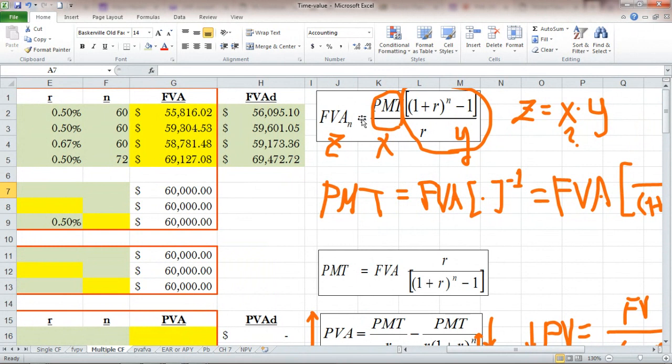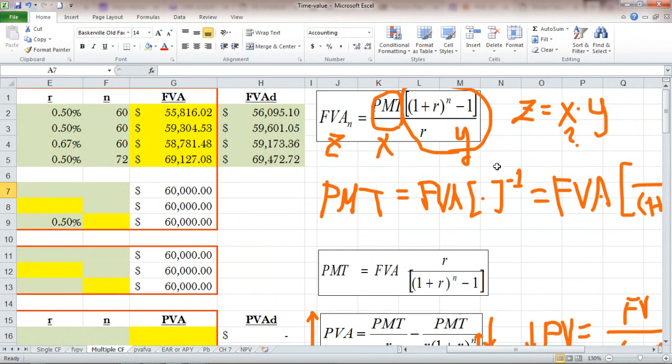And this equation is already presented in z equals x times y structure, isn't it? This is z, this is x, this is y. So solving for x is always z divided by y. So payment is our x, and you divide FVA, future value of annuity, which is our z, by this y.